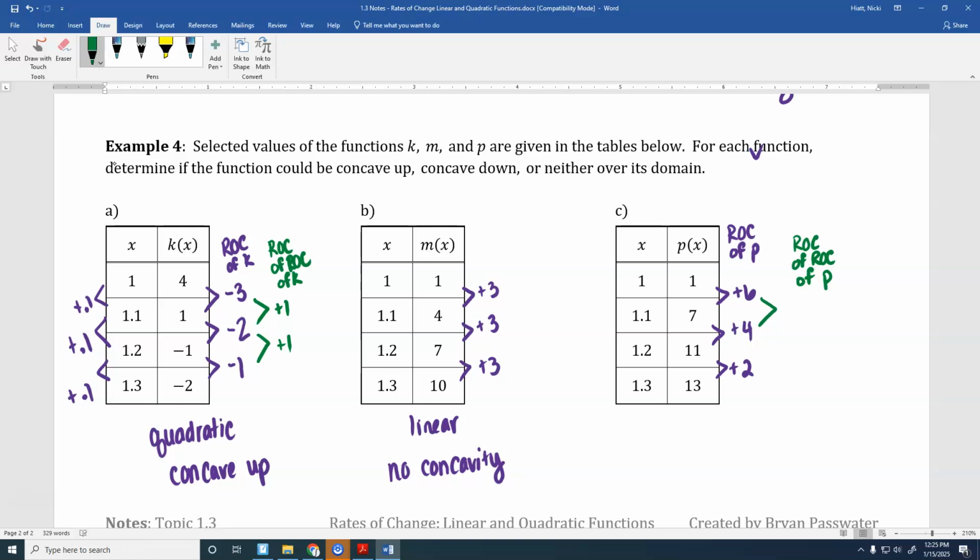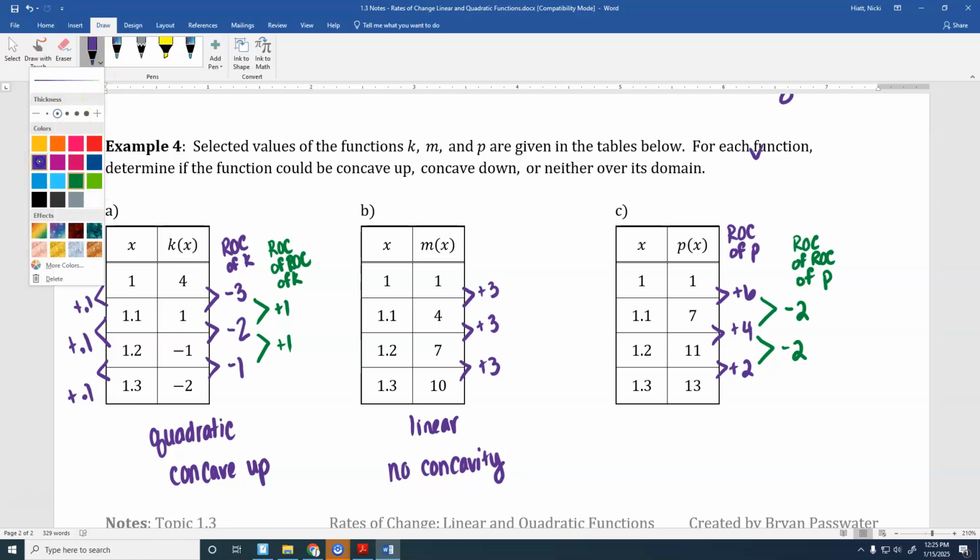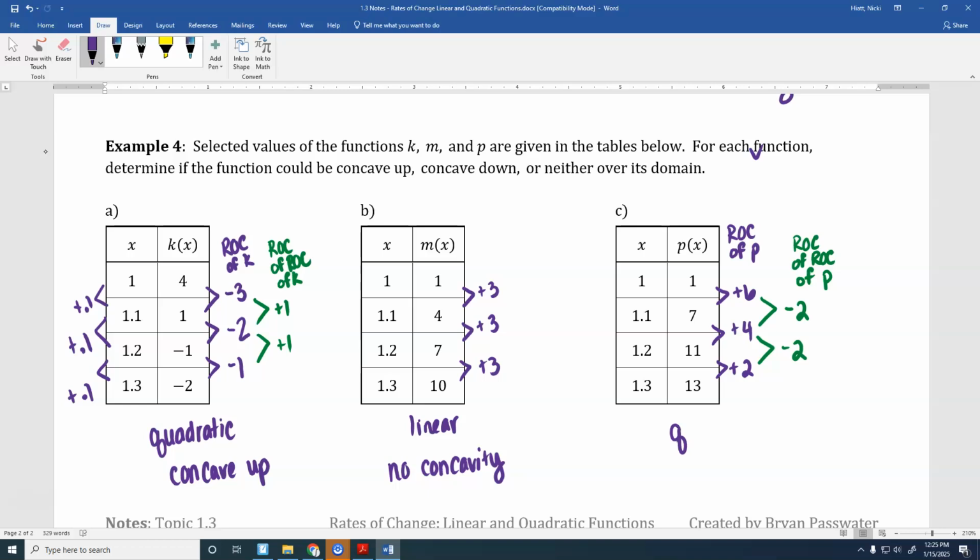From 6 to 4, that goes down 2. From 4 to 2, that goes down 2. So since I'm getting that same number there, you're going down 2 each time on that rate of change. This is quadratic, concave up or concave down? Down.